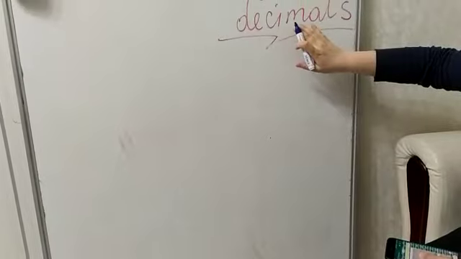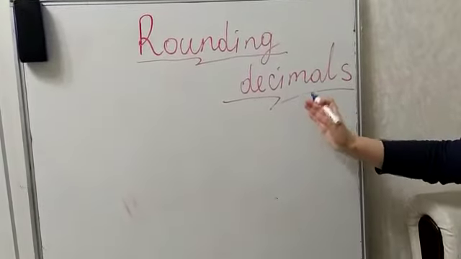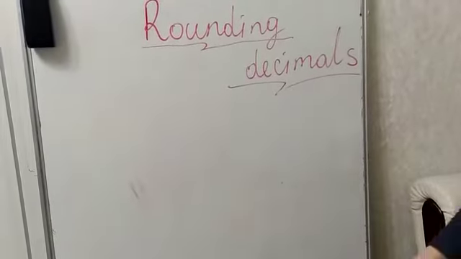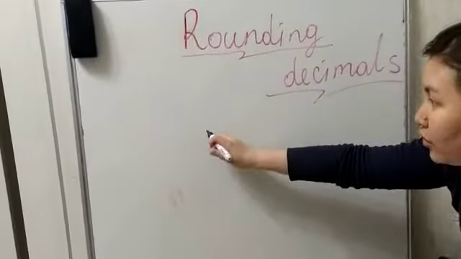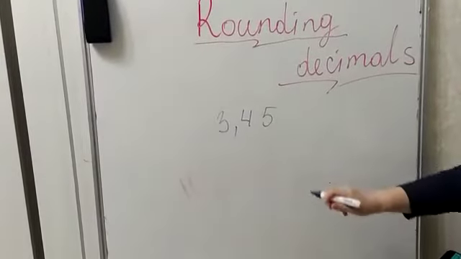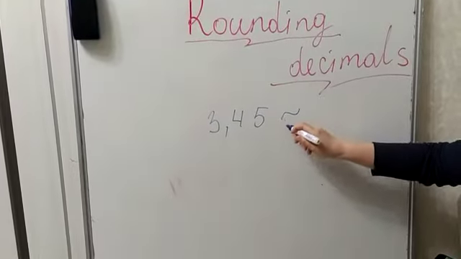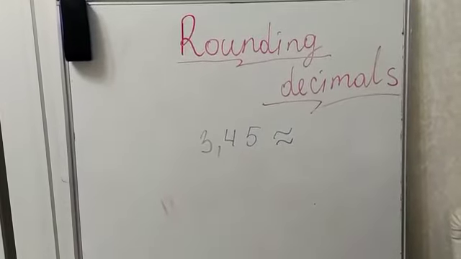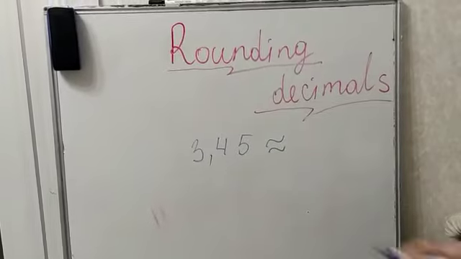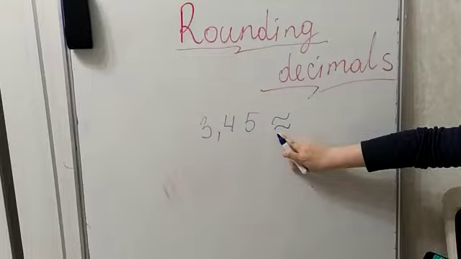We understood that a decimal is a number with a point, like 2.3, 6.9, 0.6 and so on. For example, 3.45 we need to round to the tenths. When we are rounding, we draw this sign, which means approximately equal, not exactly equal.